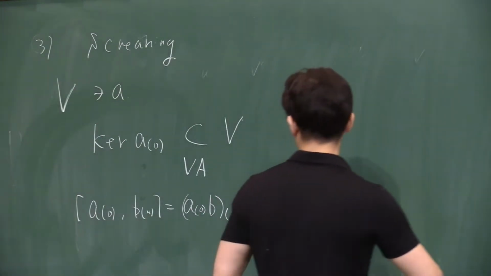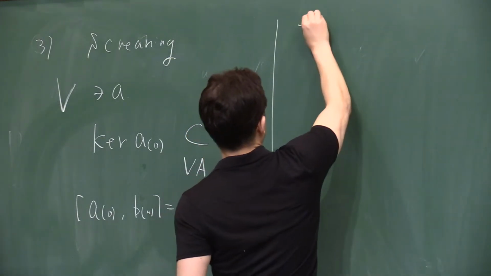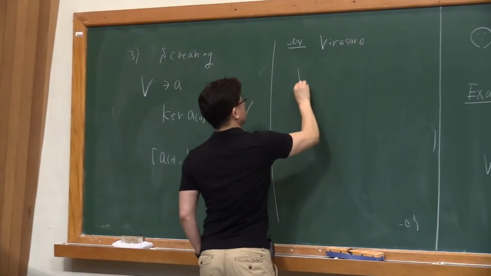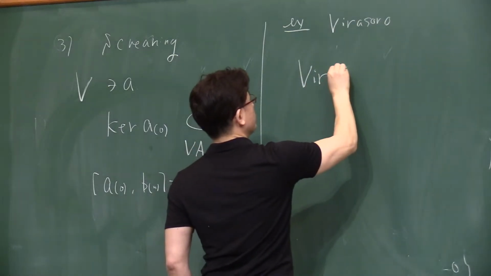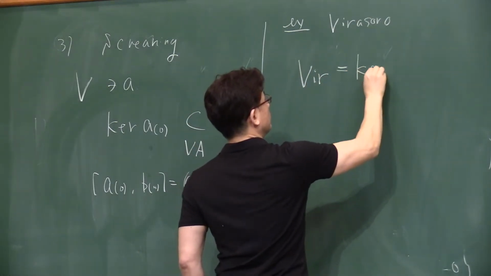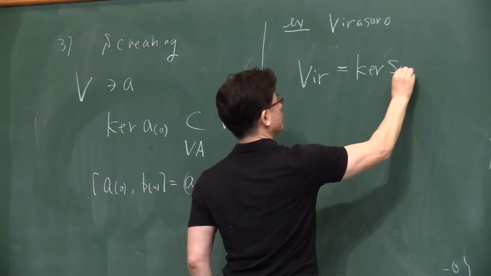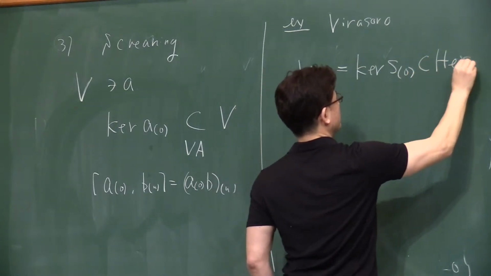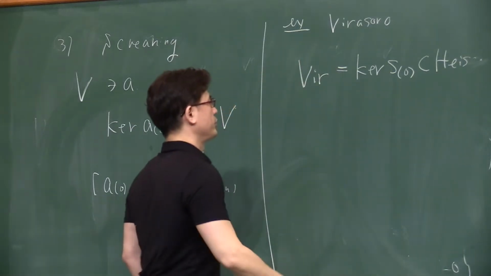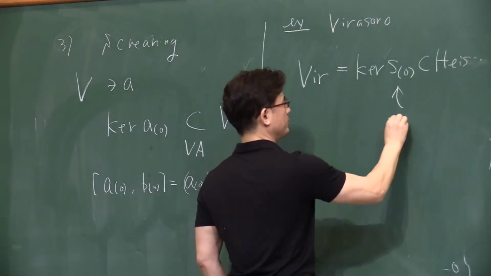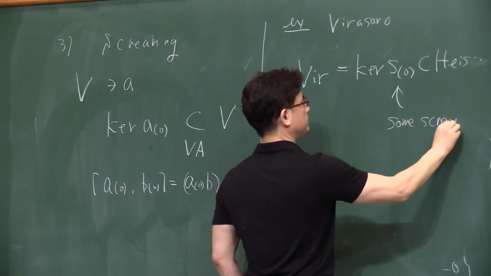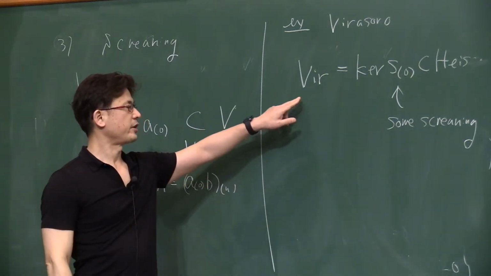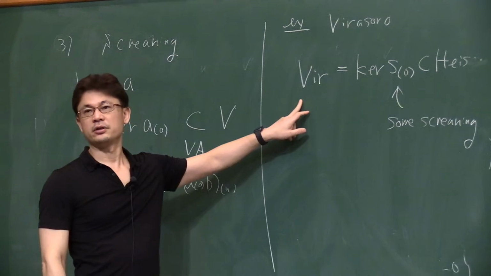And the most famous construction is in the case of Virasoro. You can define Virasoro as the kernel of some screening operator on a Heisenberg subalgebra, in such a way that this realized Virasoro algebra is the same as the Feigin-Fuchs free field realization.